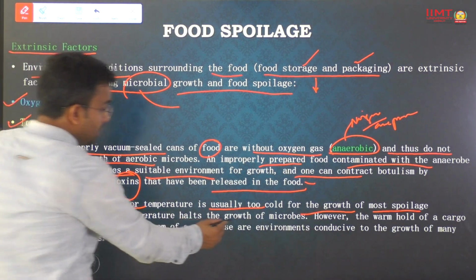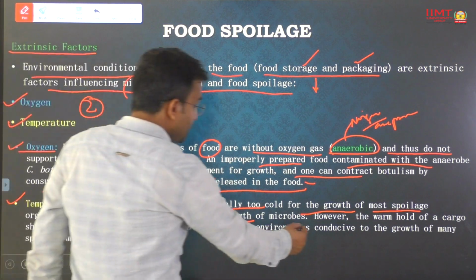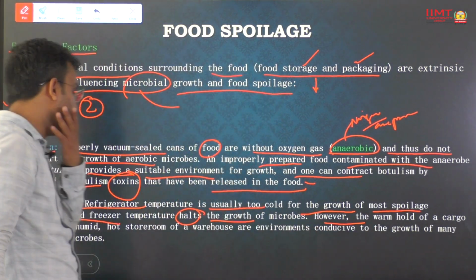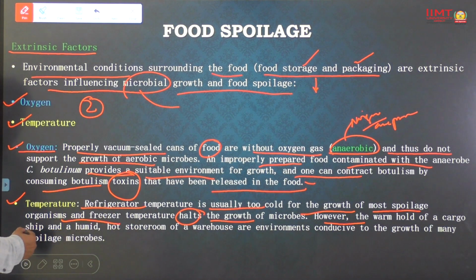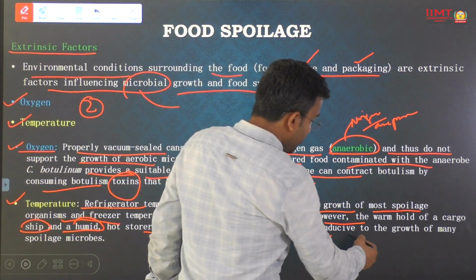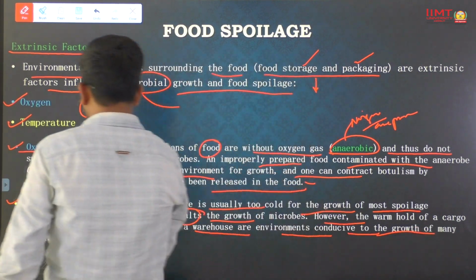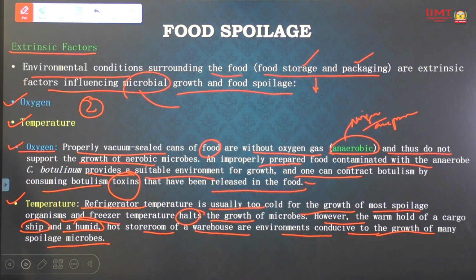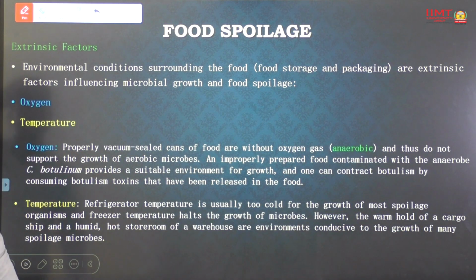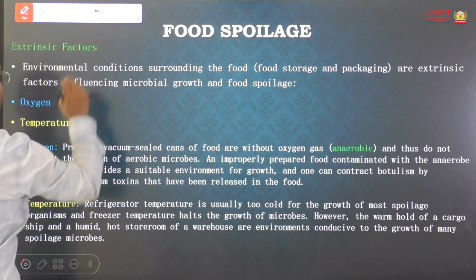So temperature halts the growth of microbes. However, the warm hold of a cargo ship, humid conditions, hot storerooms or warehouses, and environmental conditions favor the growth of many spoilage microorganisms. These are the extrinsic factors which affect food items and spoil food products.